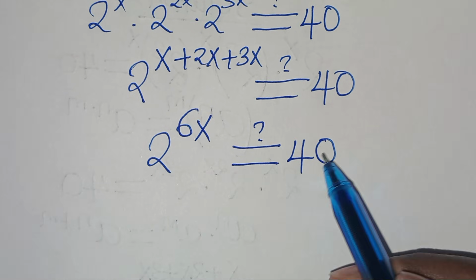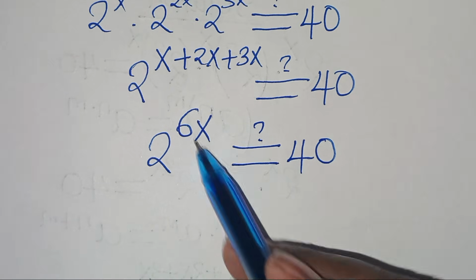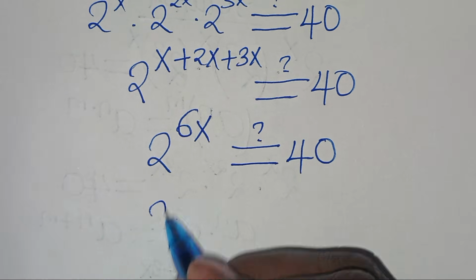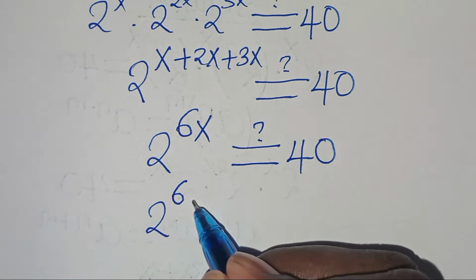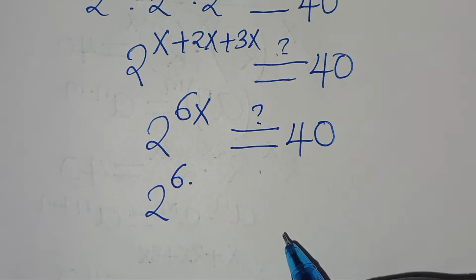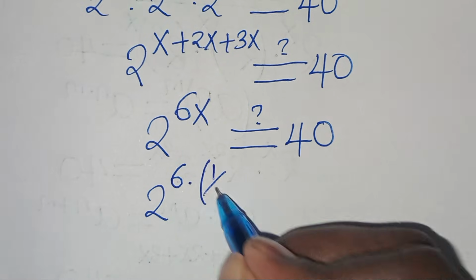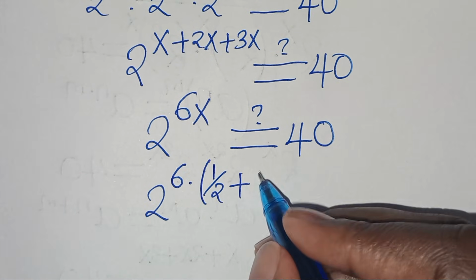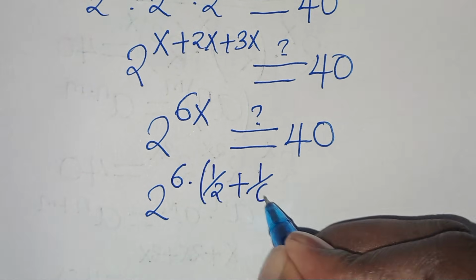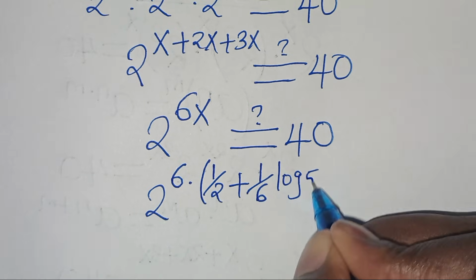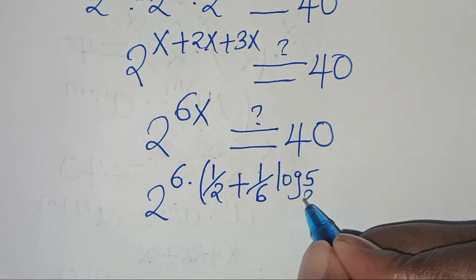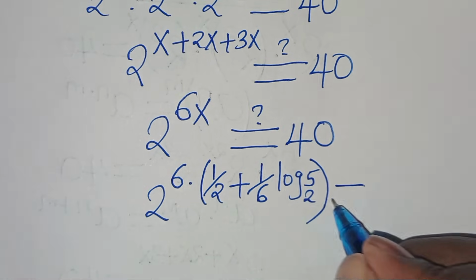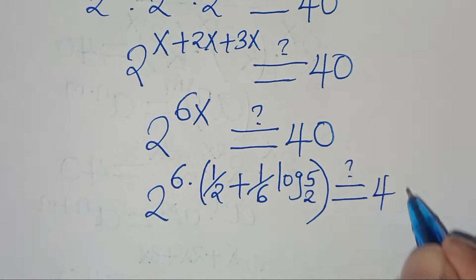Now at this point here, let's substitute the value of x. So we have 2 to the power of 6 multiplied by x, which is actually equal to a half plus 1 over 6 log 5 to base 2. This is supposed to give us a value of 40.